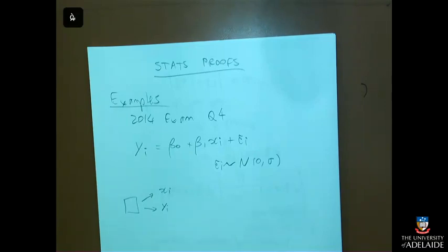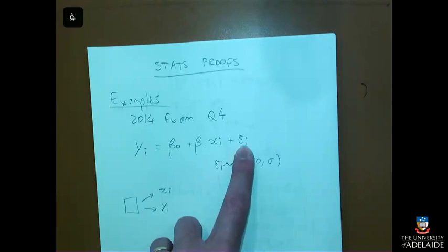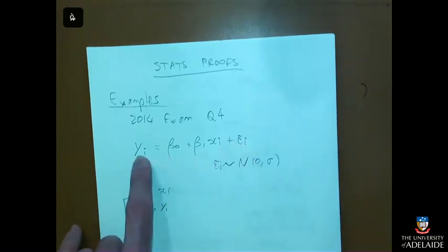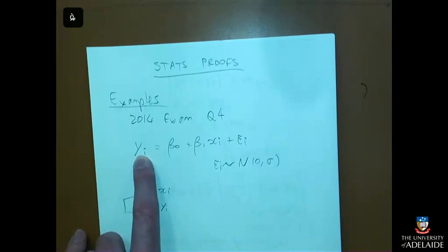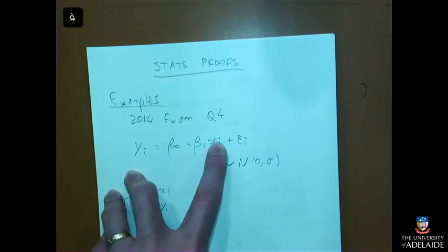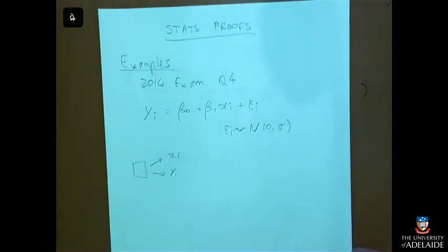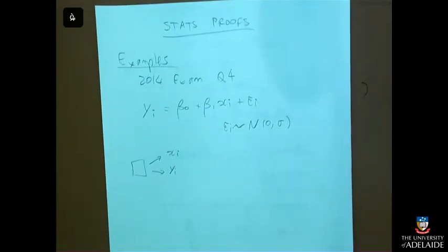The concept is that all of your objects that have the same value for xi are likely to have different yi's, and the reason they're different is because of this epsilon i, because it's a random variable. So this epsilon i is what causes the y's to be random. The thing that causes the y's to be different is firstly that the object has a different x, and secondly that there's a bit of random variation. Okay. Cool.